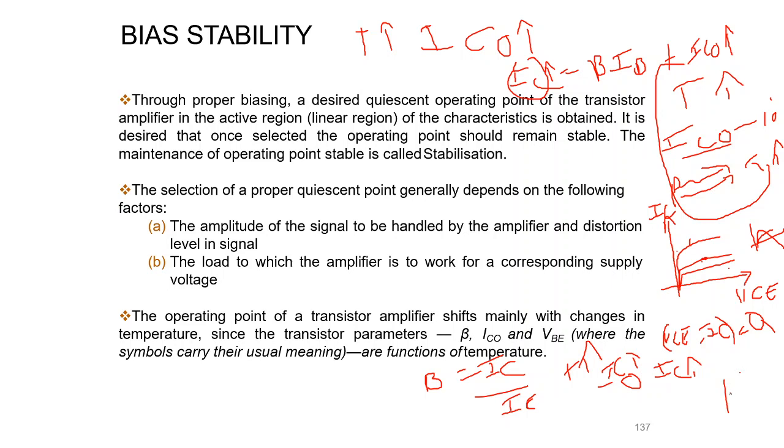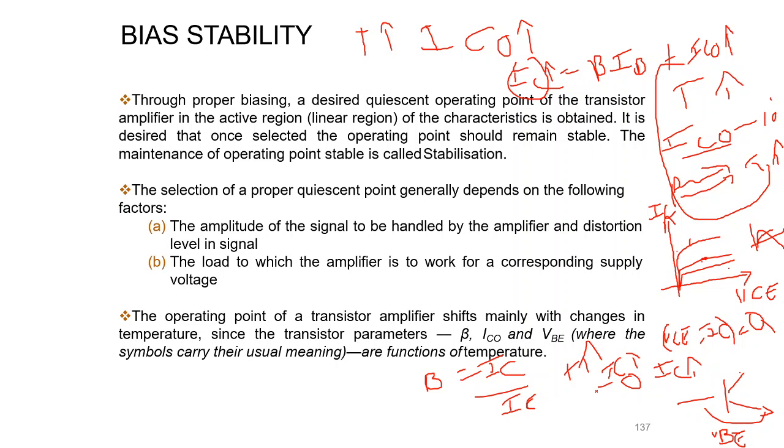Here VBE is nothing but the forward bias junction voltage. Whenever the temperature increases, we already know that the forward bias junction voltage will change by 2.5 millivolts per degree. So whenever the temperature increases, the forward bias voltage is also going to change.